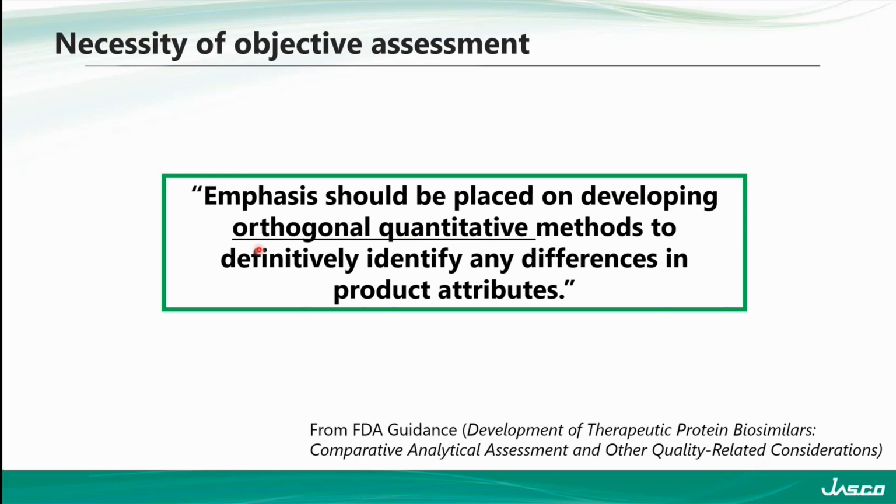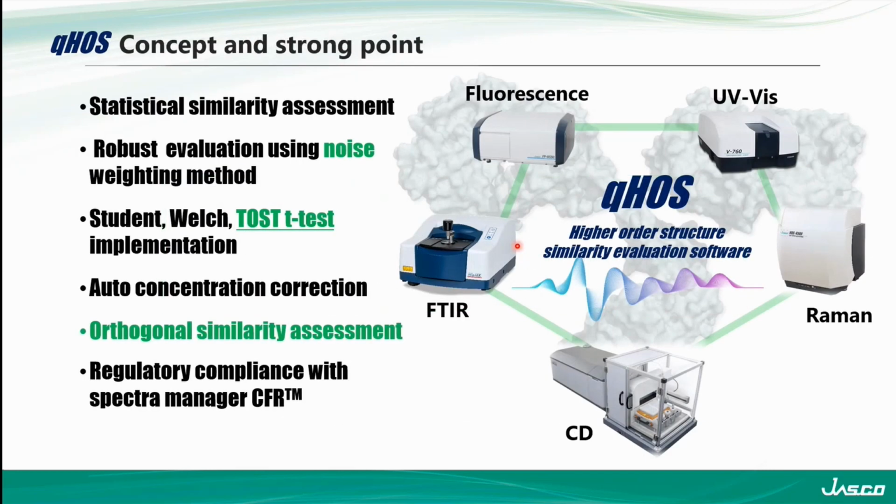And then orthogonal means, sure, one number is nice to verify that the products are maybe similar or different, but really you need a multitude of data types in order to definitively say whether two things are the same or whether two things are different. And so with this in mind, we really went in to develop qHOS in order to bridge a variety of spectroscopic methods that are used commonly to study protein structure.